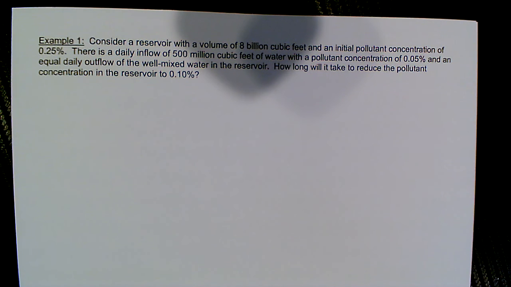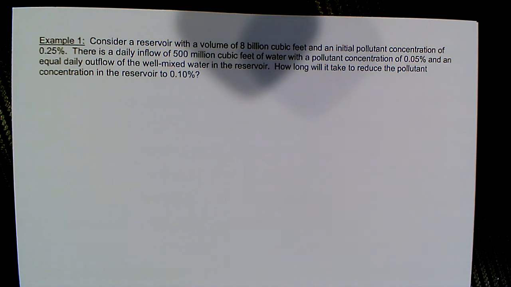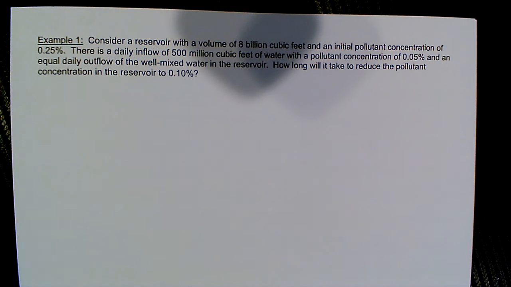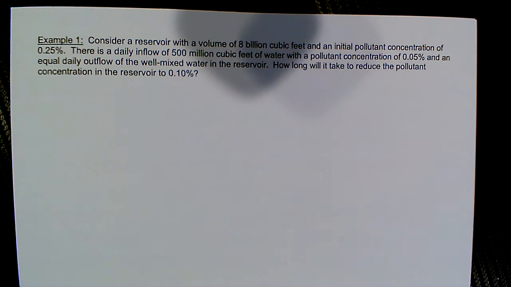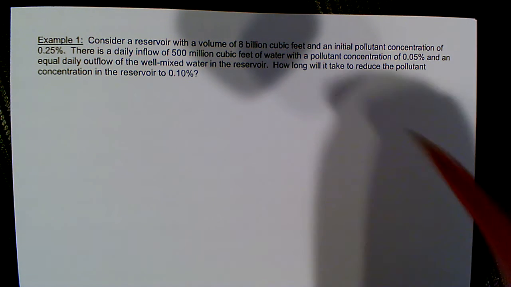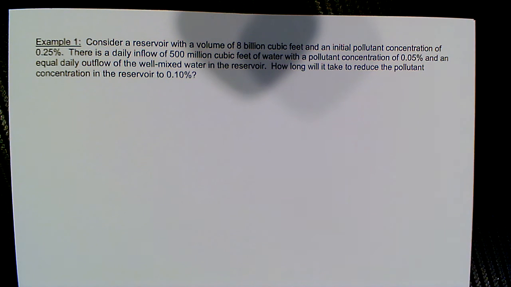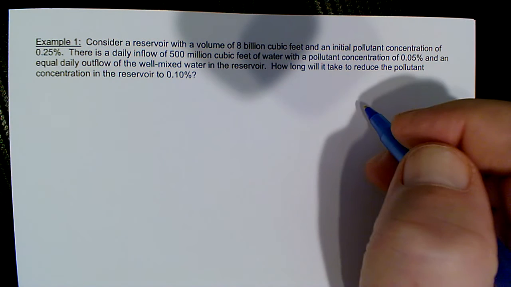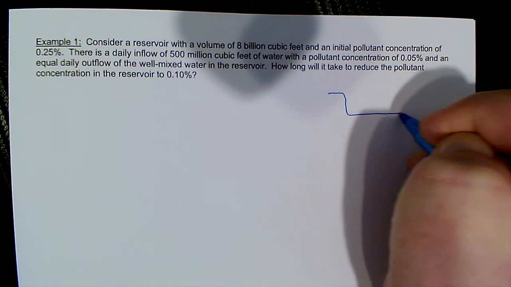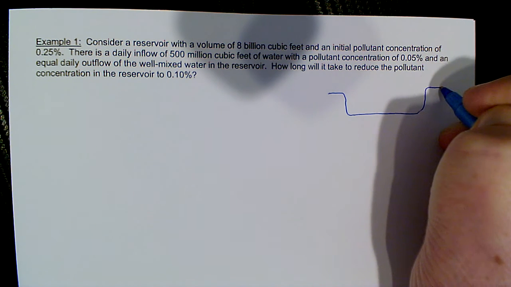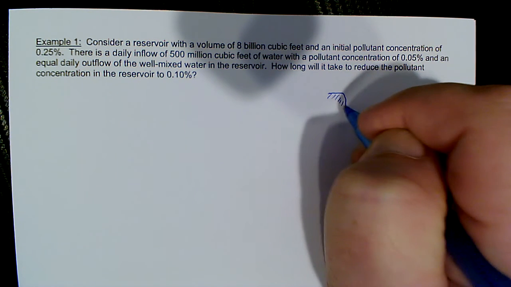Okay, so here we're considering a reservoir with a volume of 8 billion cubic feet. And there's an initial pollutant concentration. So let me just make a little sketch. It's a reservoir, so let's see, there's my reservoir.